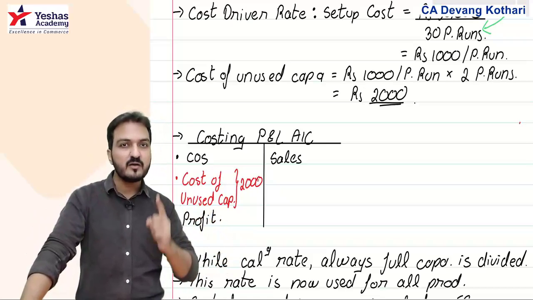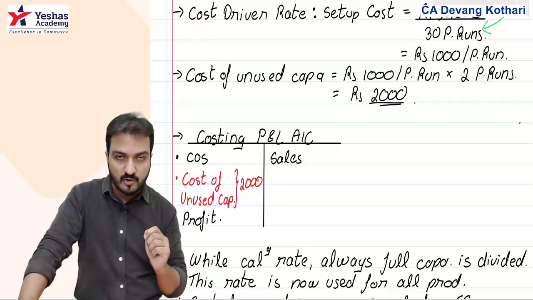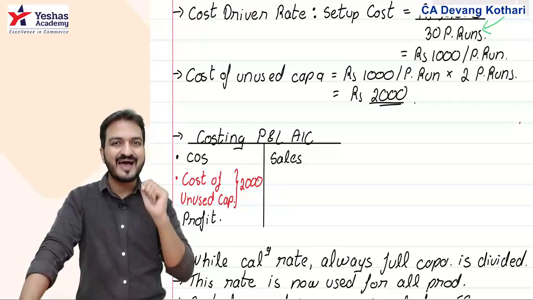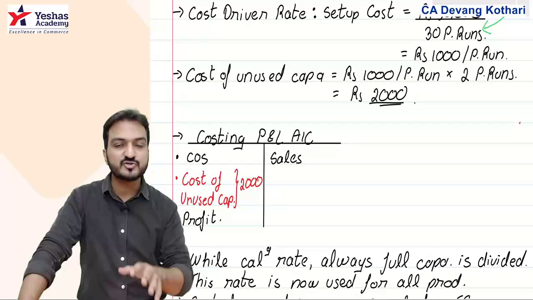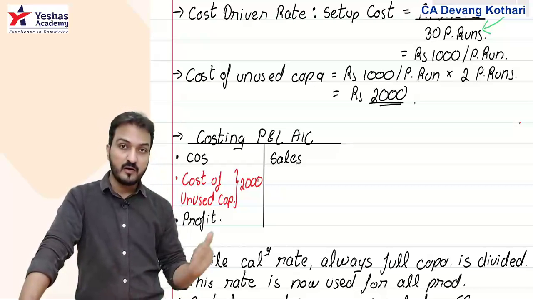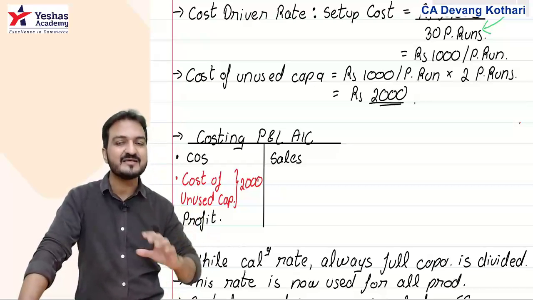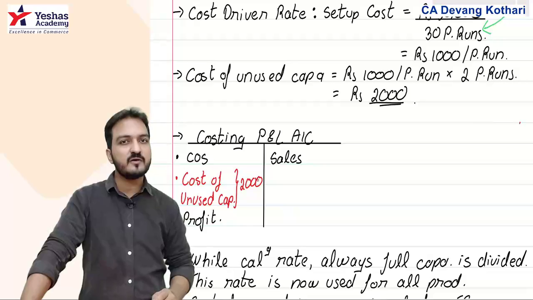But there is just one big difference that under absorption is identified at the end of the year. You will get that under absorption when you compare actual, while cost of unused capacity is already estimated, planned at the beginning of the year itself.